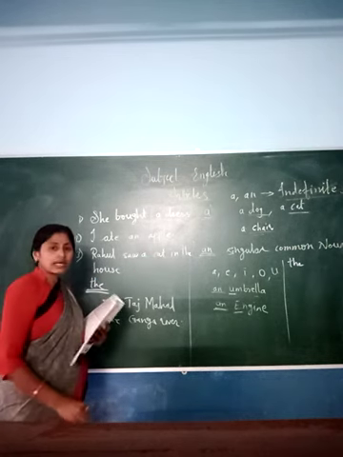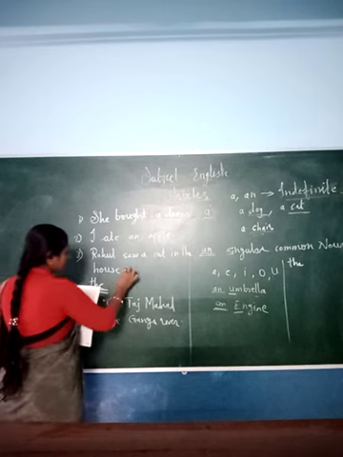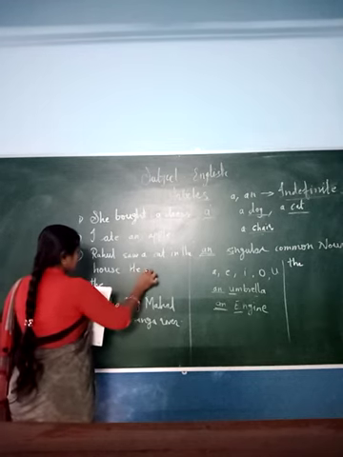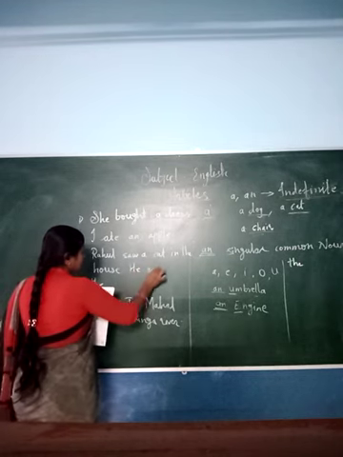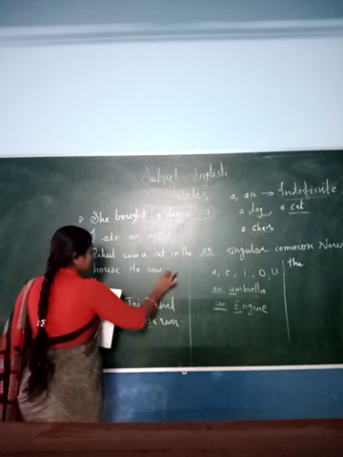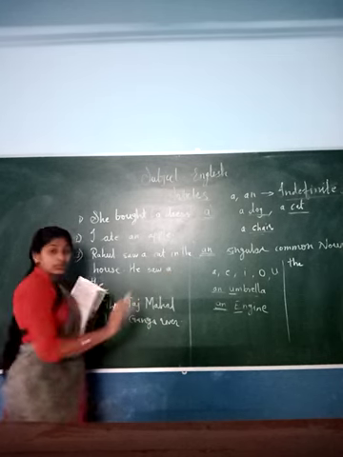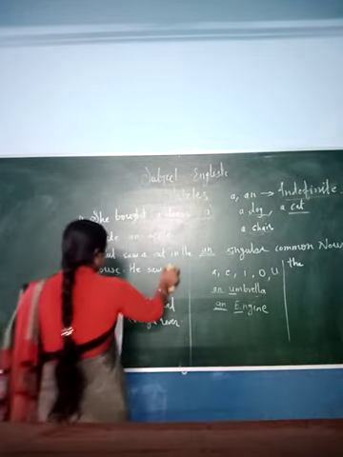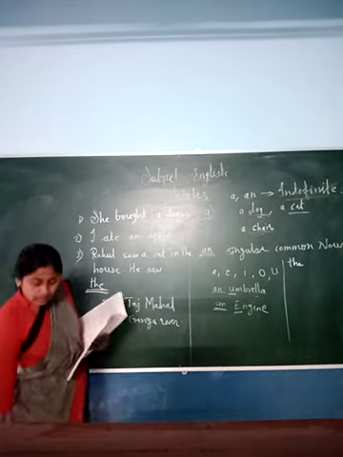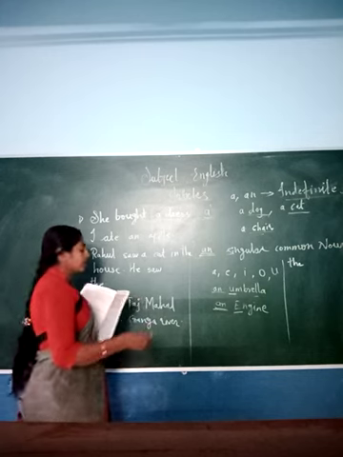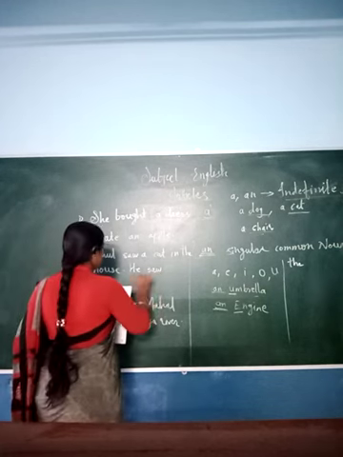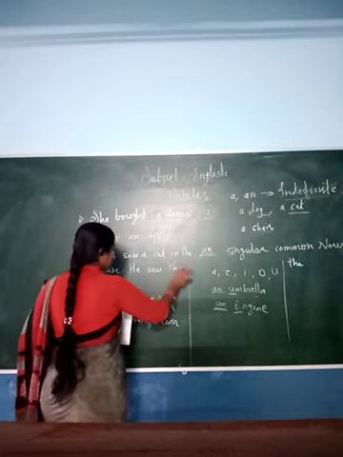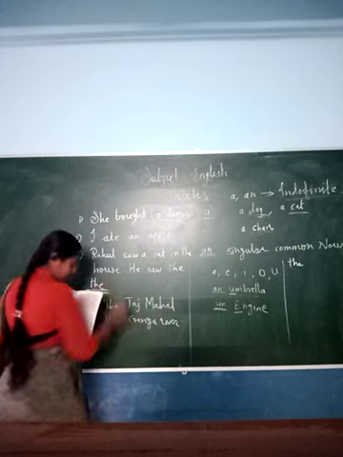Next, he saw the cat. Here, we have to use the in place of a because the cat is repeated two times. He saw the cat.